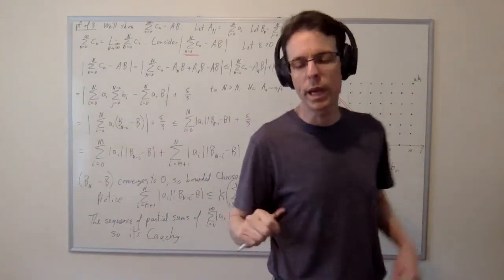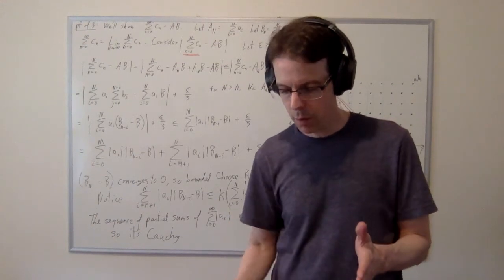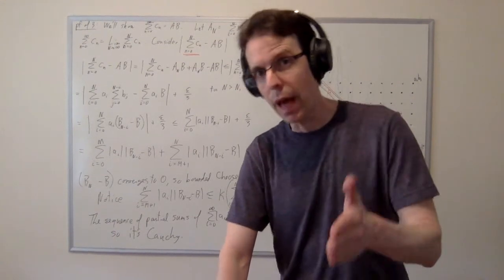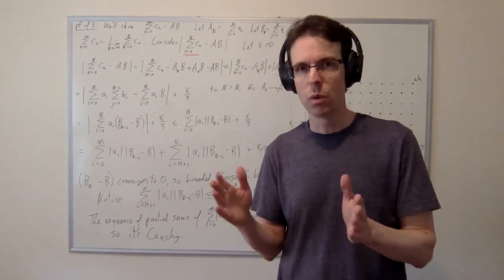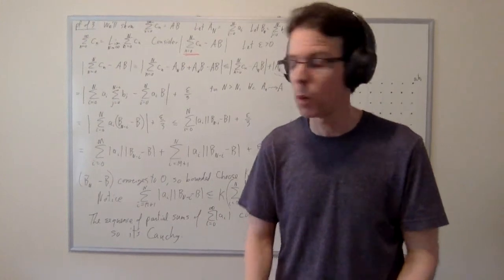Well, then we can choose a value m, and we can take for granted that beyond that value, any two partial sums are going to differ by at most, well, whatever positive number we want.